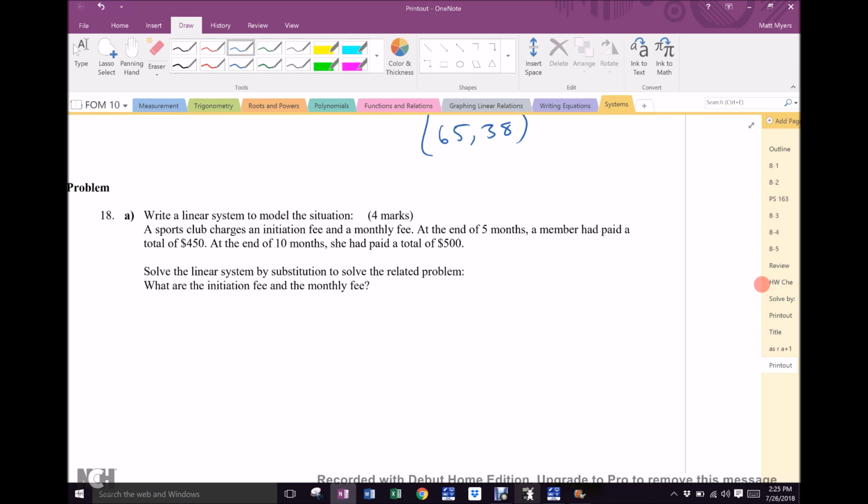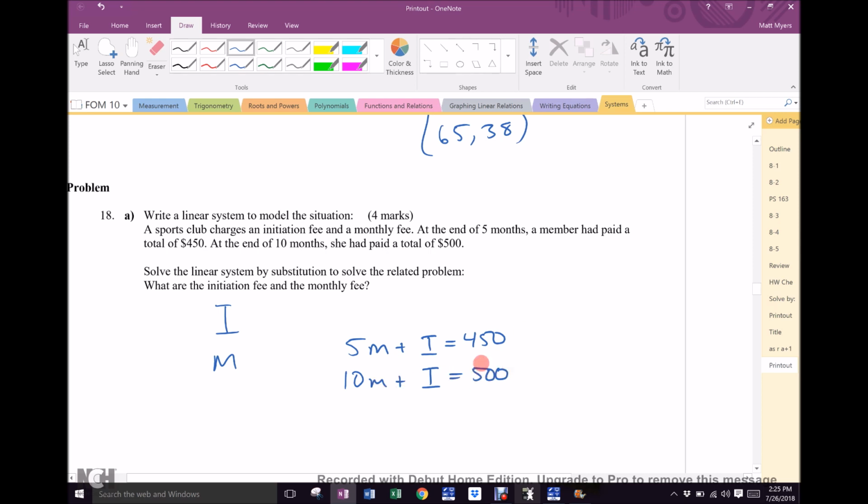These questions are exactly like what we had in your notes. There's an initiation fee and a monthly fee. At the end of 5 months, 5m plus 1 initiation fee equals 450. 10 months plus 1 initiation fee equals 500.